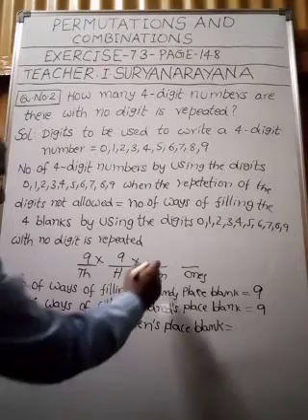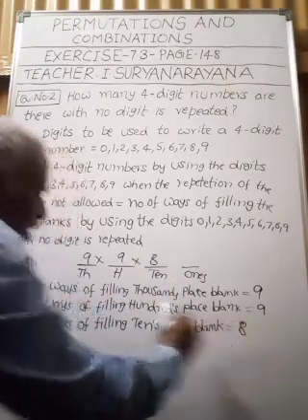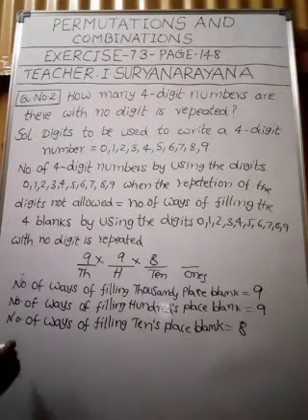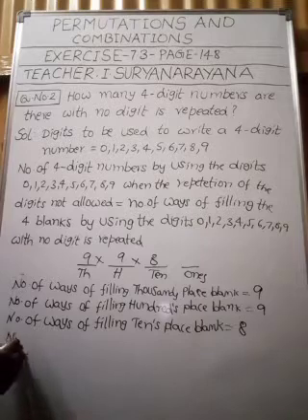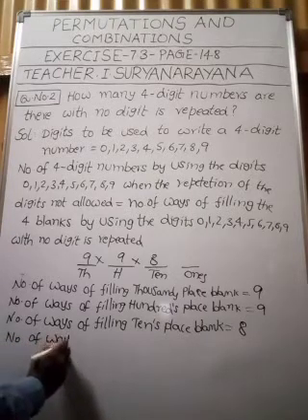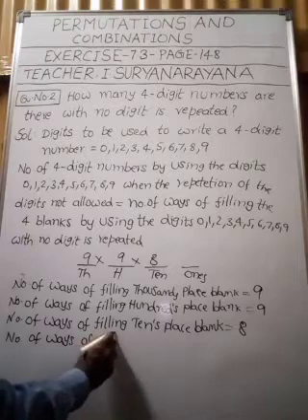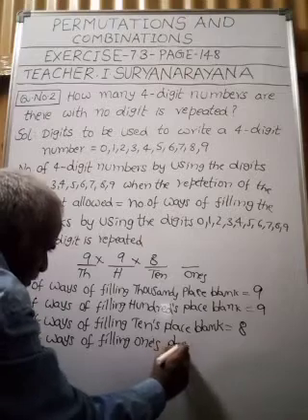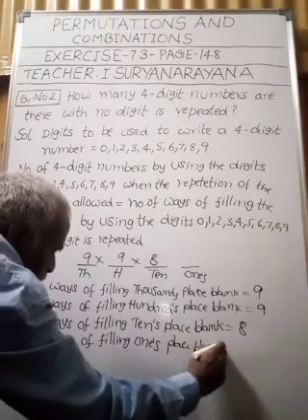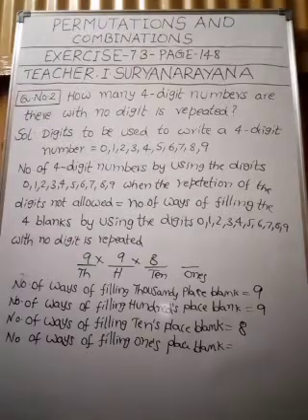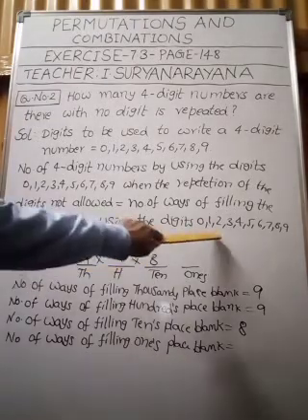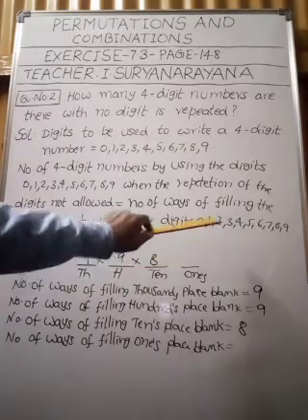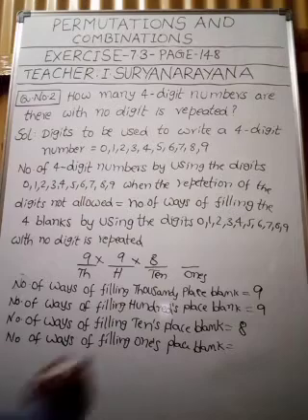So this tens place can be filled by any one of 8 digits. Yes or no, my children? Right. Next, ones place. Number of ways of filling ones place. After filling these 3 blanks, out of 10 objects, 3 objects were used. How many objects will be left in our hand? 7 objects. Yes or no, my children?